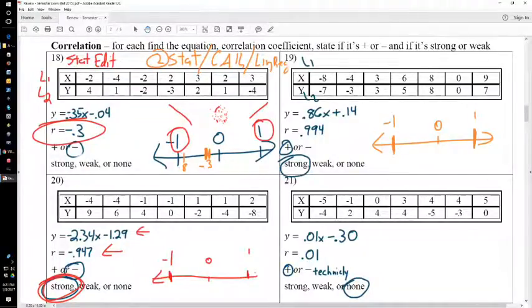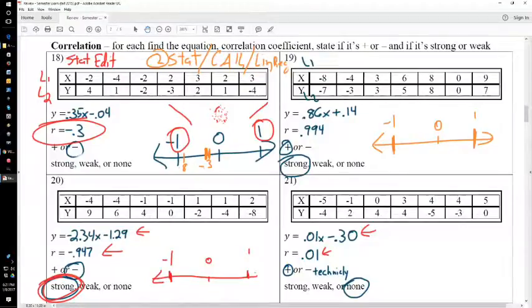I got number 21, same idea. Threw that one in there. I got these as my line of best fit. But I got an R value of 0.01. So technically that's positive because it is a positive number, but it's 1/100th.